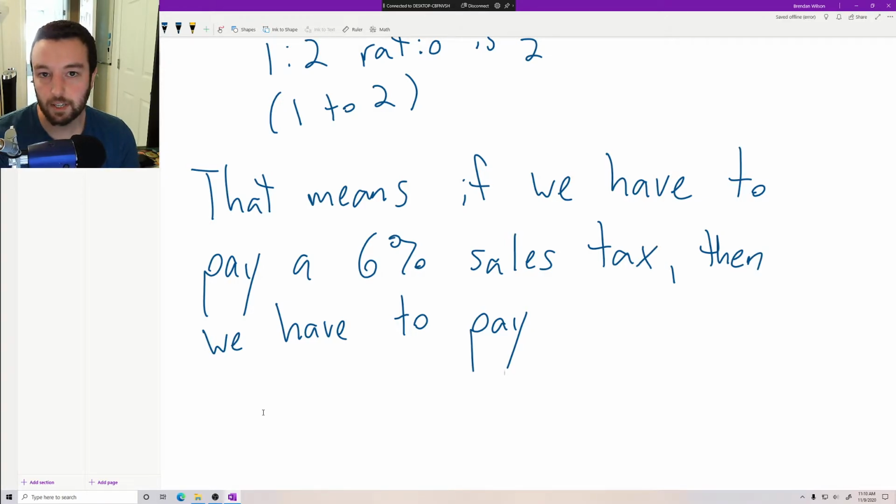Or you could even think of it as $6 for every $100. Either way, the ratio is all the same, and it's for every dollar you're paying an extra 6 cents.